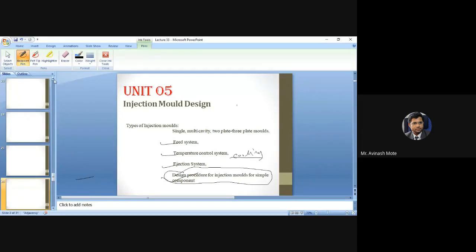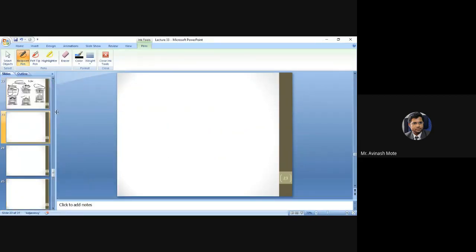But see the formulation properly, because while solving the problems during the practical hours, you need this formulation. So understand the formulation properly, and see, similar kinds of problems we discussed for compression mold also, and while designing simple components also. If you see the difficulty level of those problems, it is very nominal.